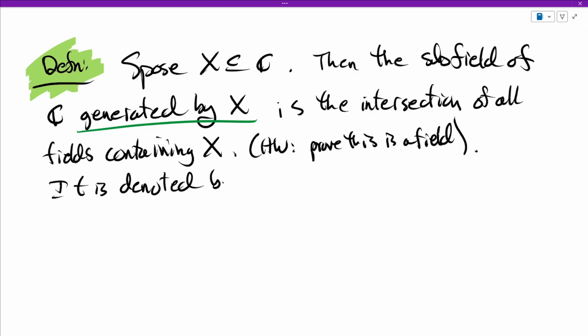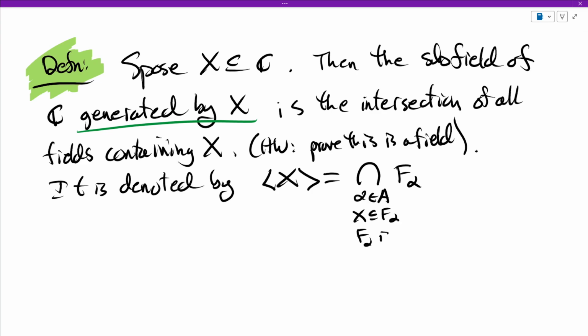This is denoted by this. So this is the intersection over all fields F alpha, alpha in A, where X is a subset of F alpha and F alpha is a subfield of C.